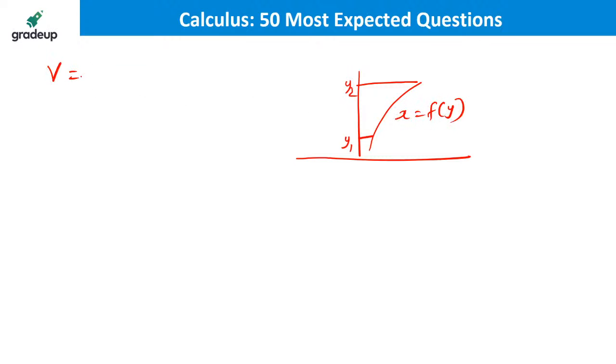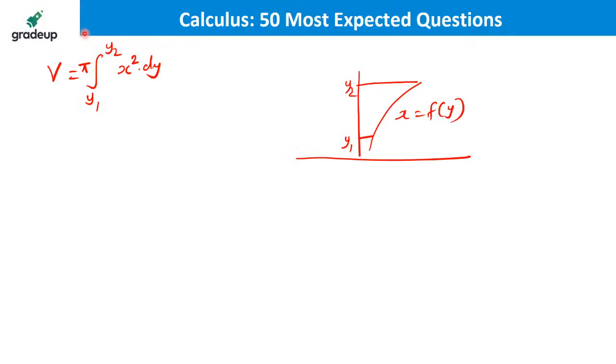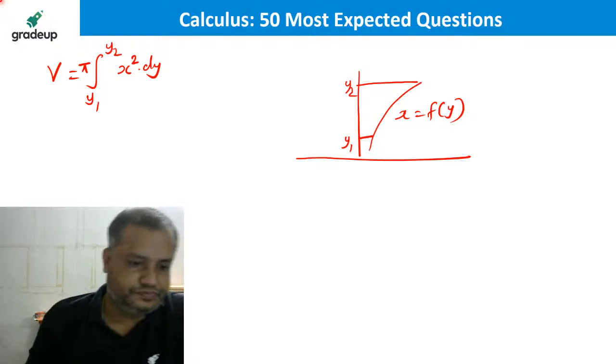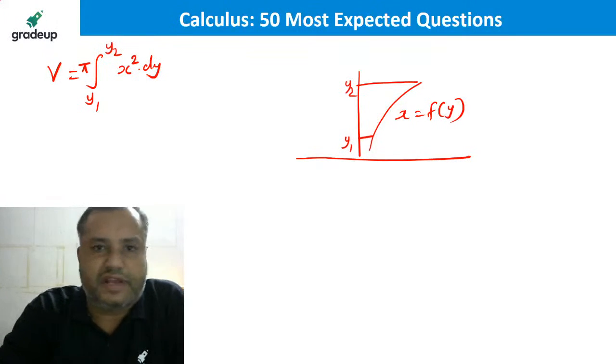So in that case, the volume of the solid of revolution will be pi integration from y1 to y2 of x square dy. This is the format. So the roles of x and y will be interchanged. That is the basic rule. Yes, moving to the next.